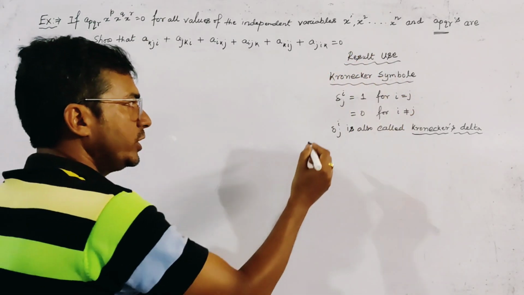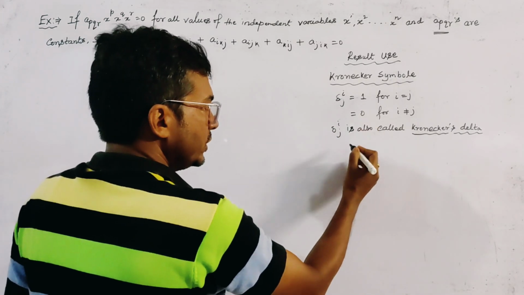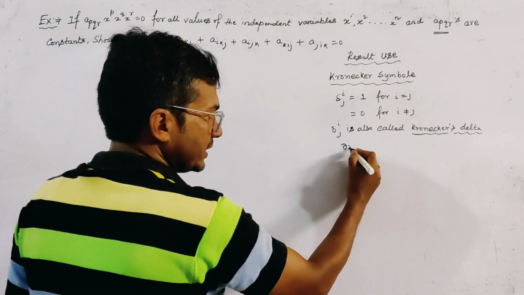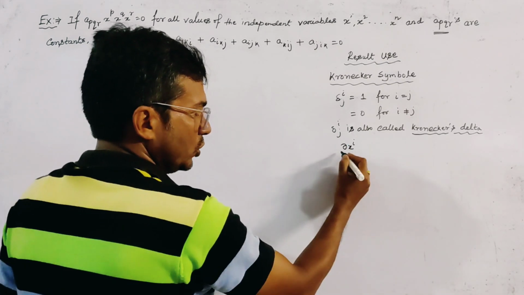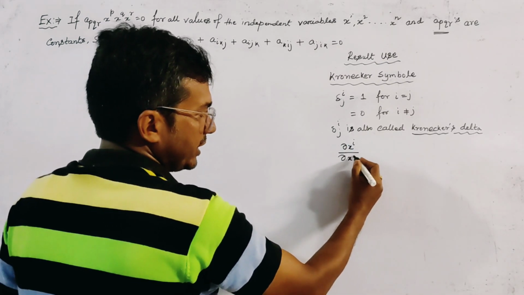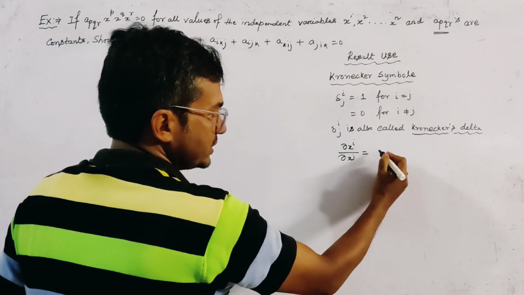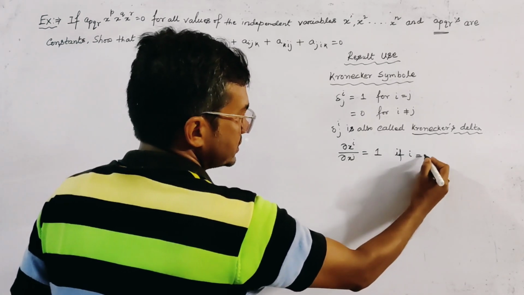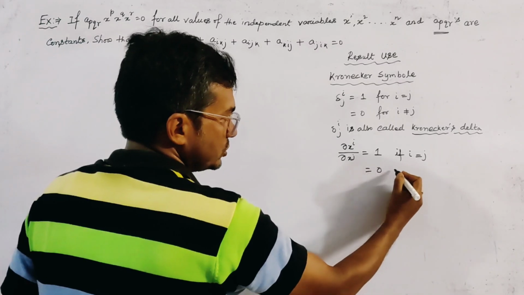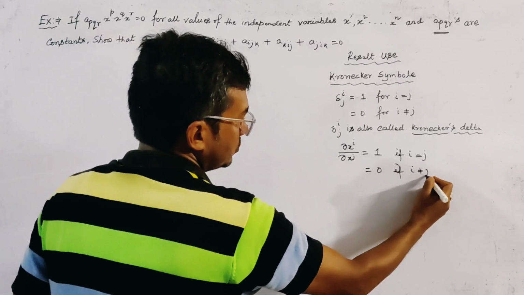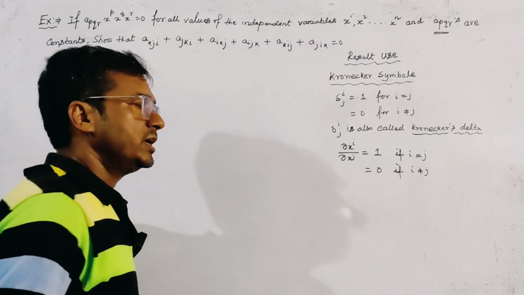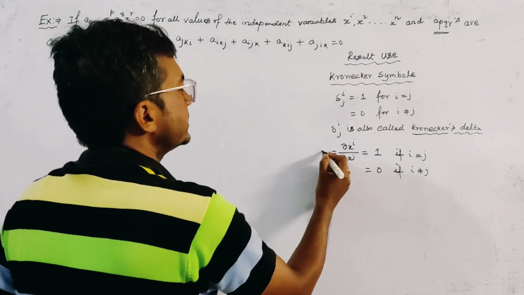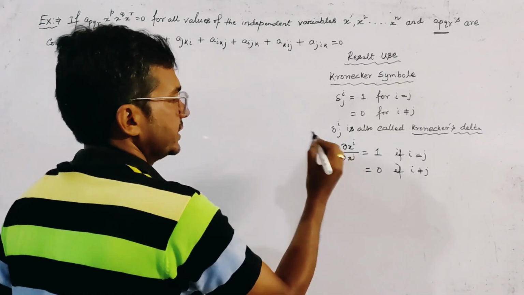Kronecker delta is also used in this way: if we differentiate the independent variable xi with respect to the independent variable xj, it is equal to 1 if i equals j, and equal to 0 if i is not equal to j, because xi and xj are both independent variables. So we write this as the Kronecker delta, delta_ij.